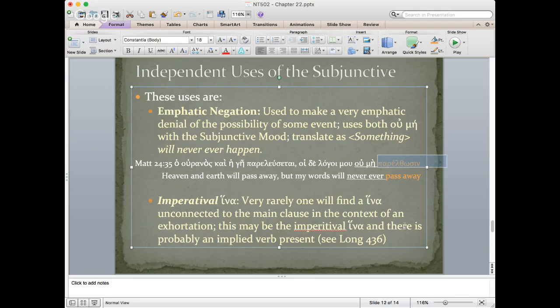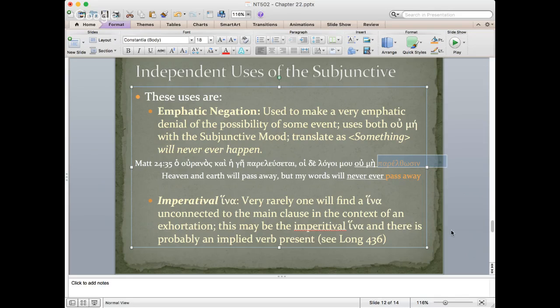Long unpacks this in 436, so I'll let you take a look at that. It's super rare. There's only a handful of examples in the New Testament. He just wants you to be aware that it's a possibility. I'd encourage you to read through his example of that instance. He only cites about 4 occurrences in the New Testament, so it's a fairly rare construction, all things considered.